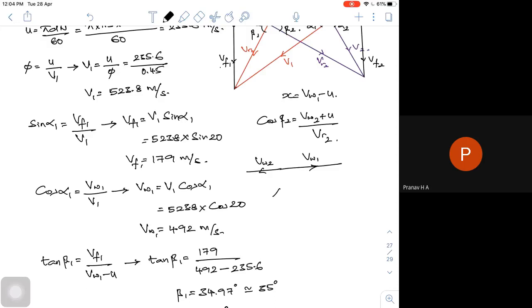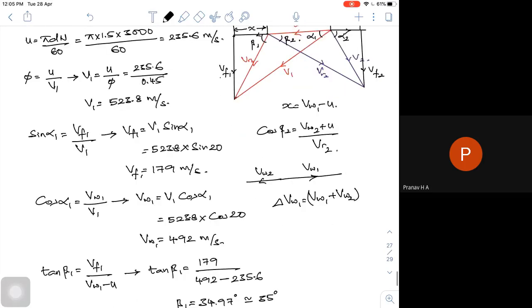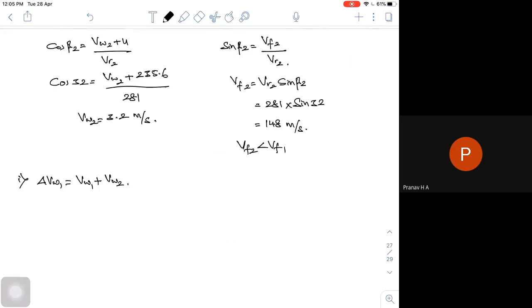So the combined delta VW will be VW1 minus of minus, that is plus VW2. You have to be very careful when drawing the triangle. If VW1 and VW2 are in the same direction, the formula is VW1 minus VW2. If they are in opposite directions, I should use VW1 minus of minus VW2, that is plus.